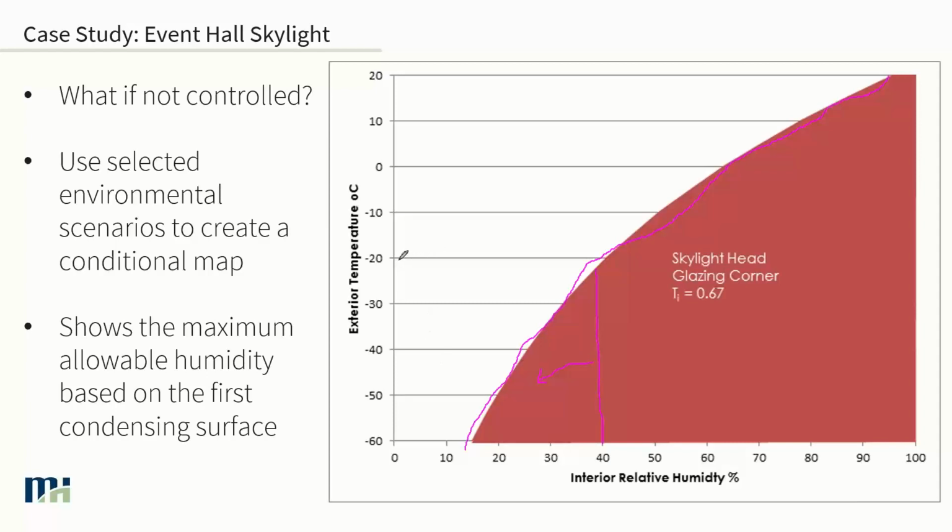At the same time, if we know we're somewhere around negative 20, then we can look down here and we know we can't really go too far off 40% RH. So we look at where the conditions are that create that potential risk for condensation over the course of the year. It's not just looking at design situations. You could have this potentially occurring depending on what these conditions are throughout the rest of the year.